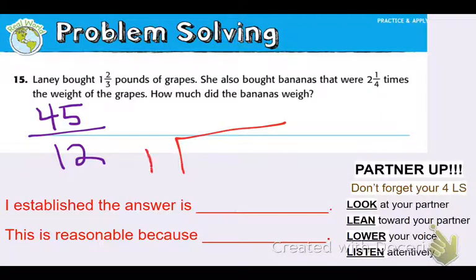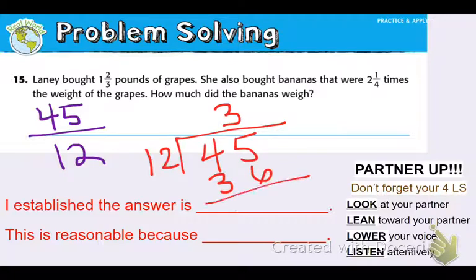How many groups of 12 can fit into 45? Well, I know 12 times 3 is 36. And I can go ahead and see how many won't fit into a group of 12. What's left over? Well, I have 9. So I have 3 groups of 12 and 9 out of 12 left over.